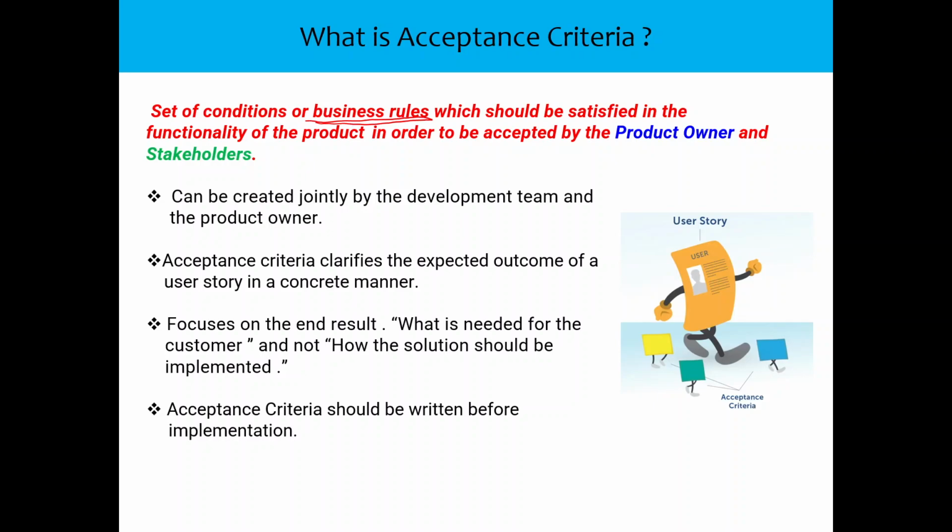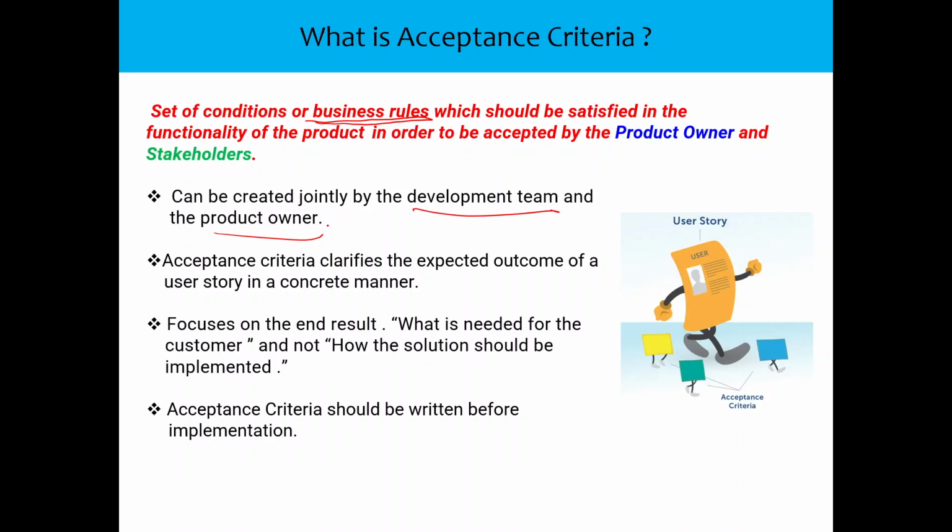Always remember, since the acceptance criteria is written on the basis of the user, it is more of a business language. It is not technical language that you will use whenever you set up the acceptance criteria. It can be created jointly by the development team and the product owner. The product owner is your business representative.